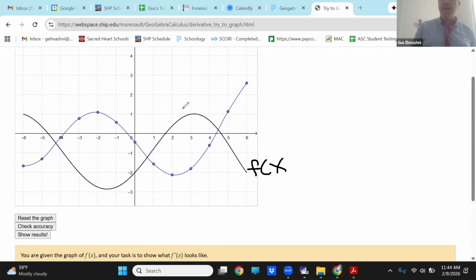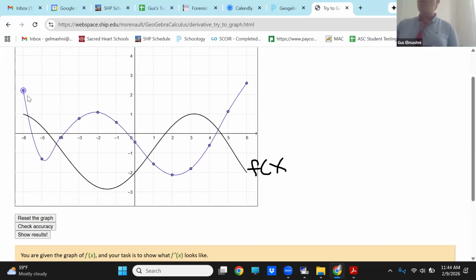It's not active anymore, but it was a freehand. This is not freehand. What I have to do is move these dots up and down, to wherever I feel the slope is at all these various points. So on f of x at -6.